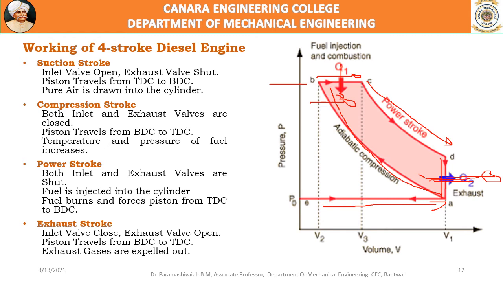Therefore, this cycle is also called the constant pressure cycle. This is the diesel cycle. In the examination, if the question is to explain the diesel cycle with a PV diagram or a standard diagram, then you have to draw this diagram and explain the various processes. Clear?